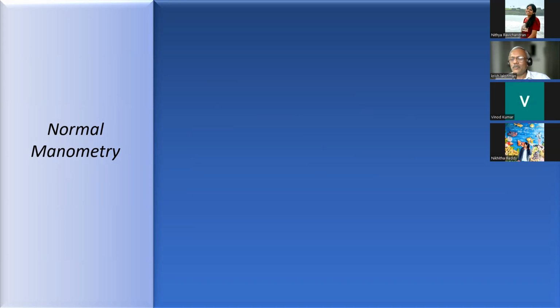But in a normal manometry, remember what we talked about normal deglutition. What do you expect? There should be synchronized relaxation of the lower esophageal sphincter, corresponding with the peristalsis, the contraction activity. So what is peristalsis to you?